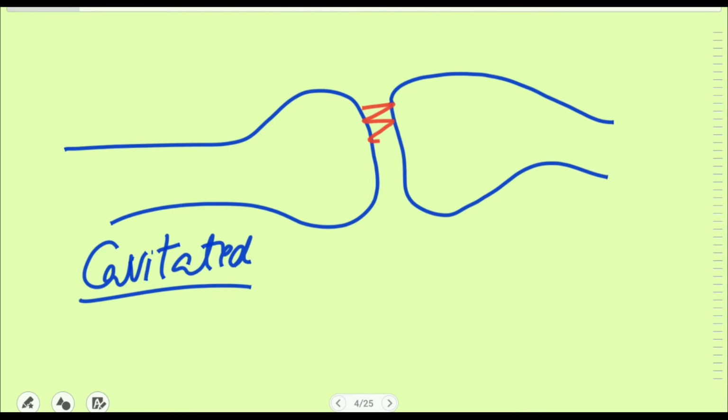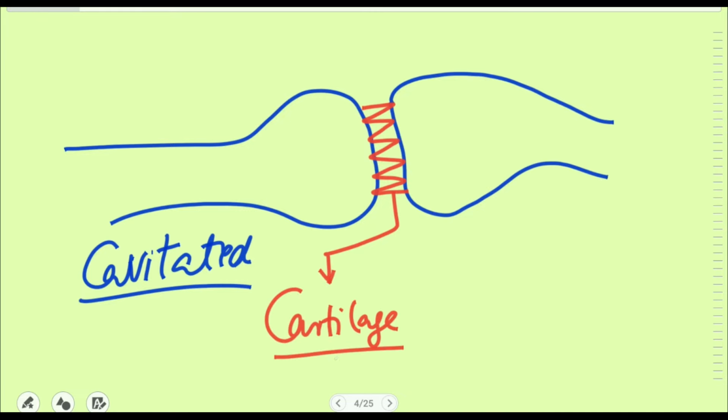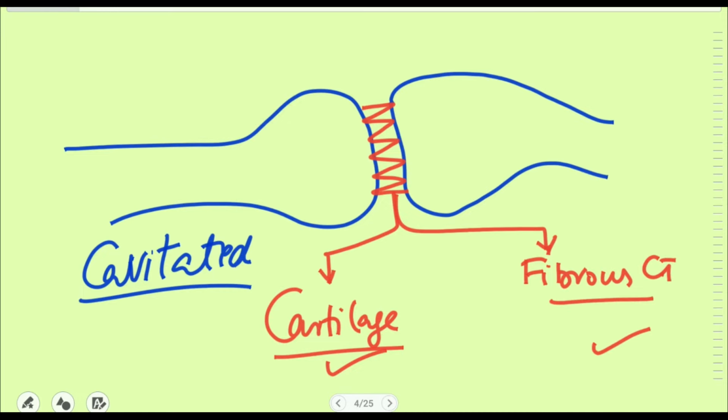Which connective tissue is going to join these two bones? If this uniting medium is cartilage, then the joint is a cartilaginous joint, and if this uniting medium is a fibrous connective tissue, then the joint is a fibrous joint. So take it very simple: this is how to classify joints into three basic categories.